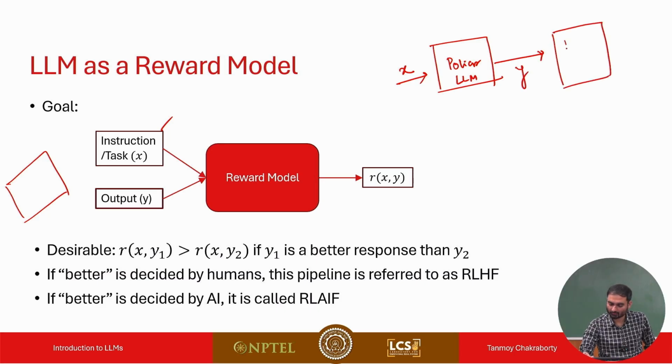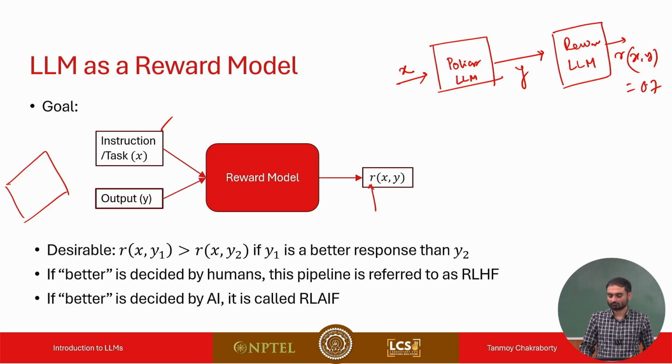And then we have this reward model, reward LLM. The reward LLM will say that the reward R of X comma Y is, let's say, 0.7. Let's say the reward value ranges between 0 and 1, and given X and Y, the model will say that this is 0.7.